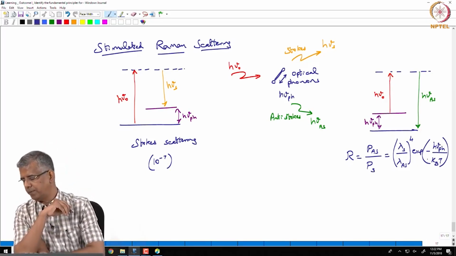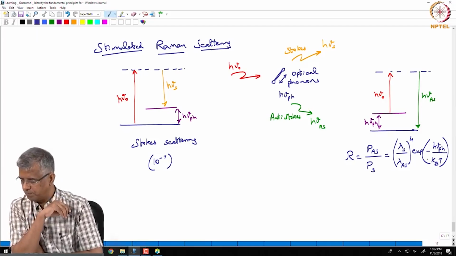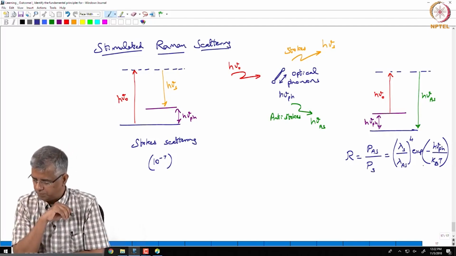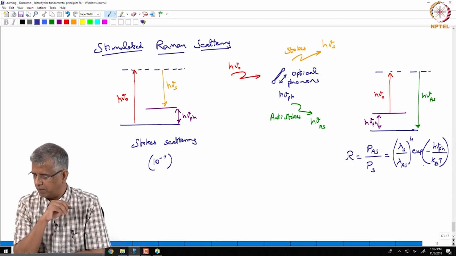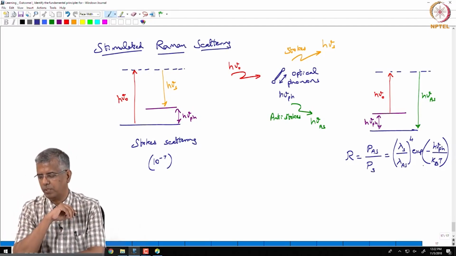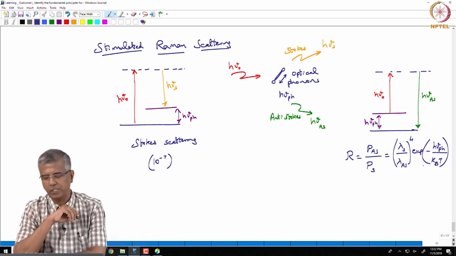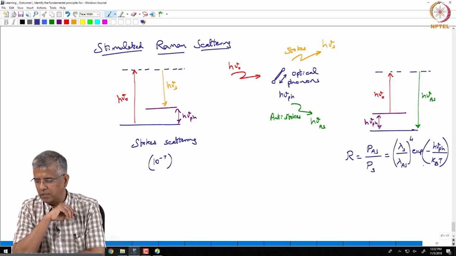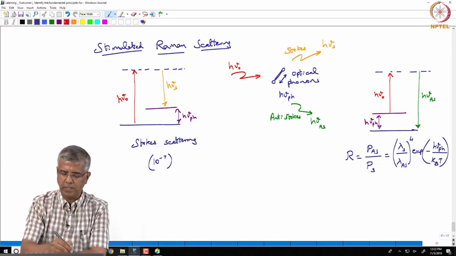I am not writing down the individual scattering probabilities, but if you put them together, you get a final ratio like this. That ratio of the anti-Stokes scattered power versus the Stokes scattered power is highly dependent on temperature.